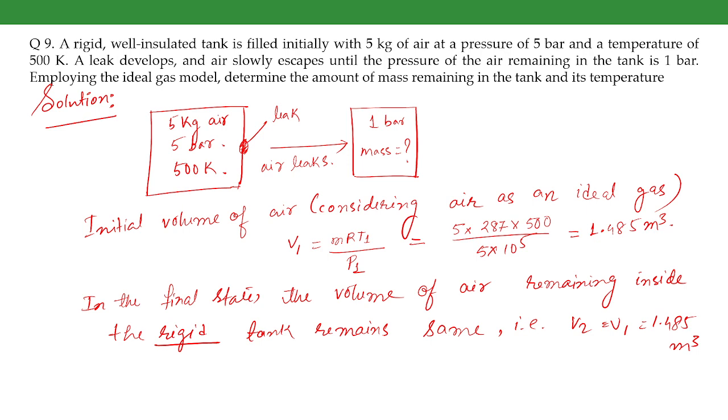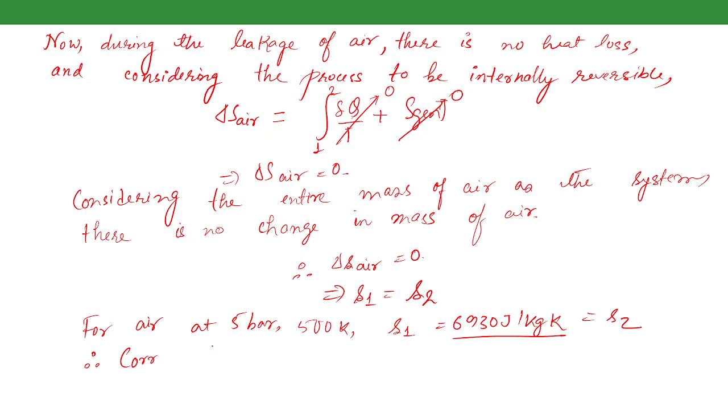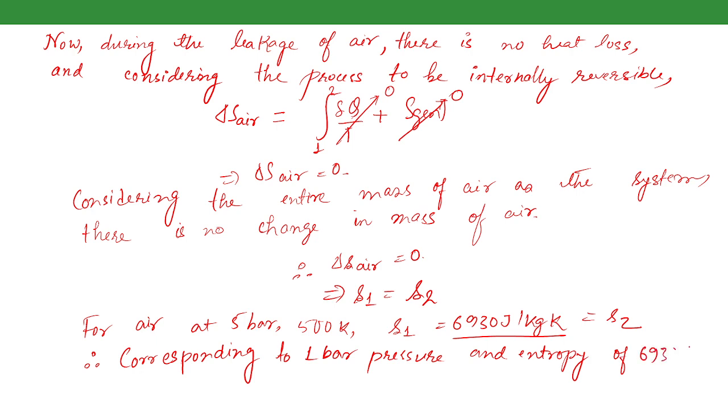So corresponding to 1 bar and an entropy of 6930 joule per kg Kelvin, we can determine the temperature from the property table.